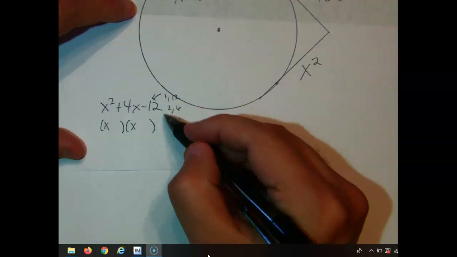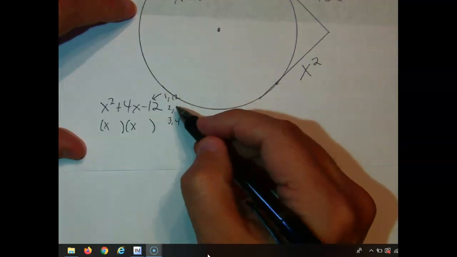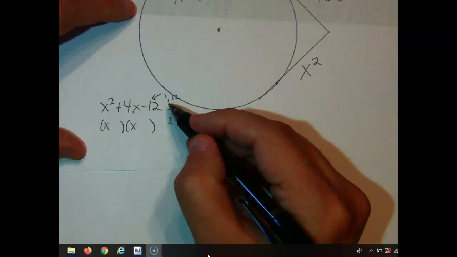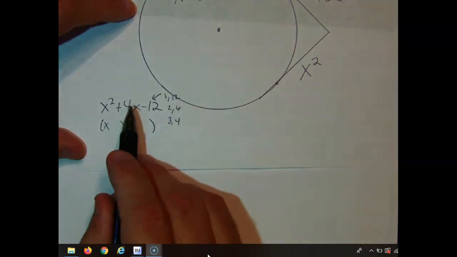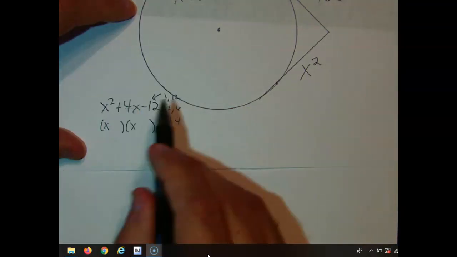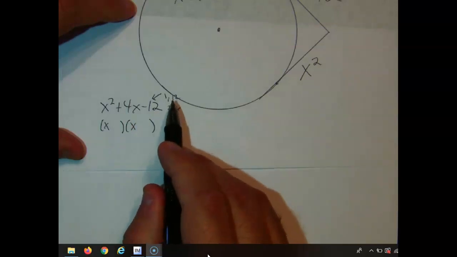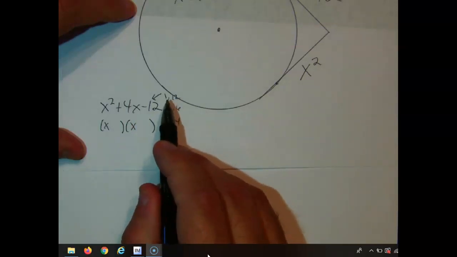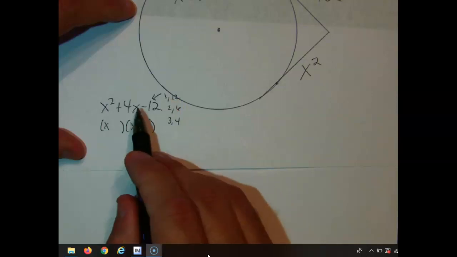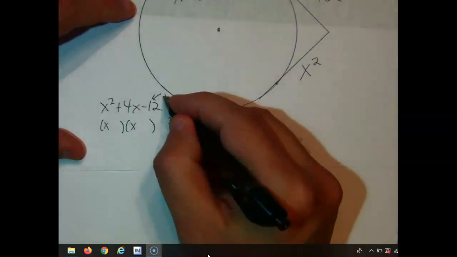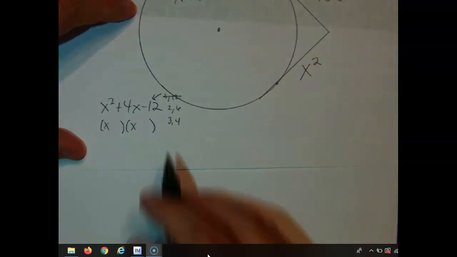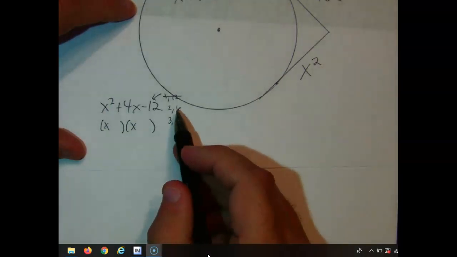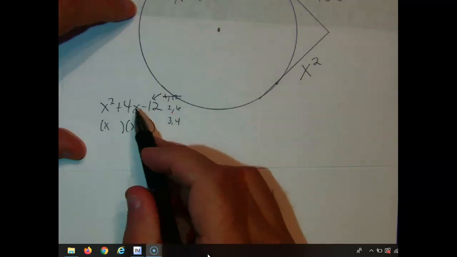Now, look at all these numbers and decide which ones, when I add or subtract, could give you 4. If I add 1 and 12, I'll get 13. 12 minus 1 gives you 11. That does not give you 4, so we know 1 and 12 can't be it. 2 and 6: 6 plus 2 is 8, and 6 minus 2 is 4.